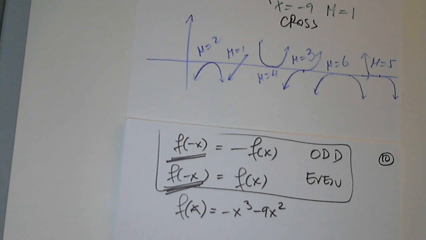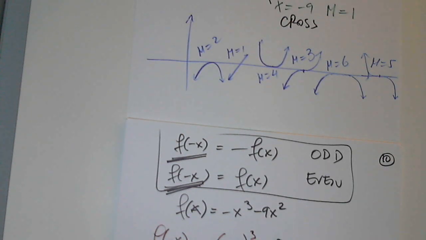If none of the above, then the function is not symmetric. There are no functions that are odd and even at the same time except y equals 0. This is the only one that is symmetric with respect to the origin and with respect to the y-axis. Okay, so I plug in negative x based on what we just discussed today.